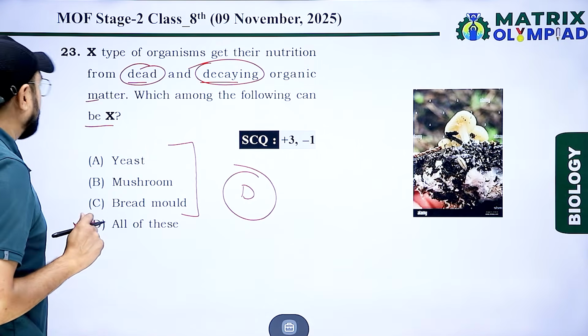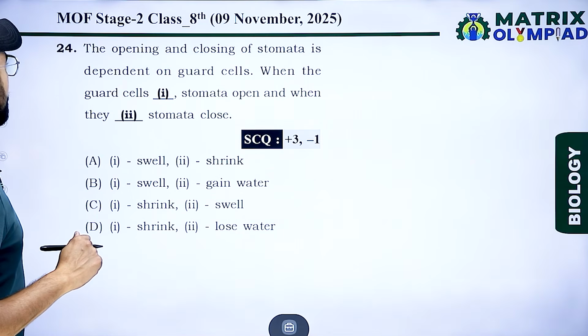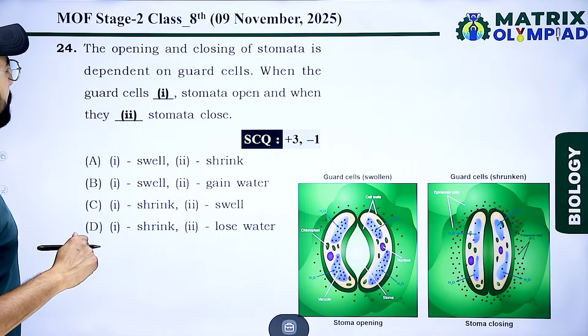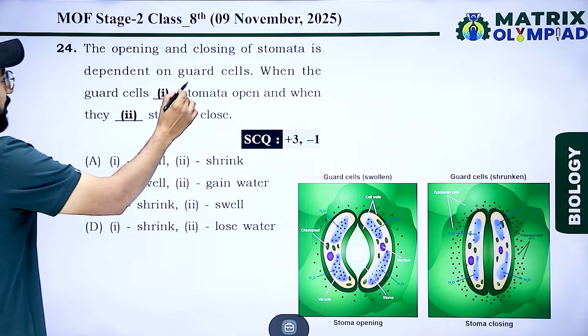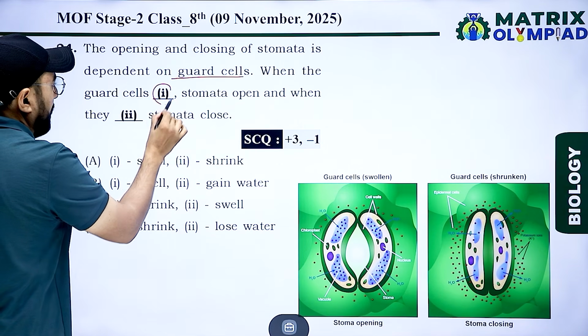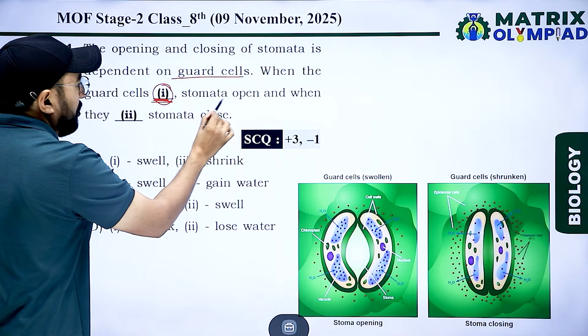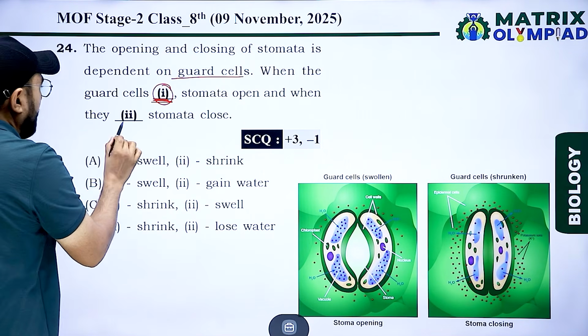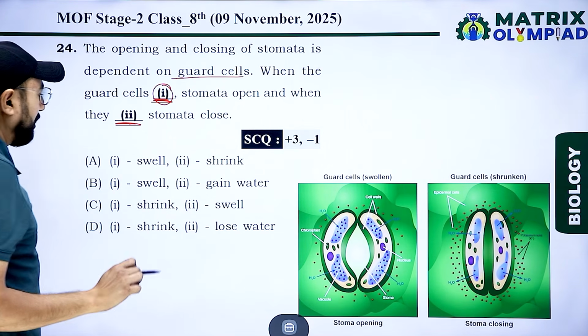Option D is right. Next, the opening and closing of stomata is dependent on guard cells. When the guard cells are dash, stomata open, and when they are dash, stomata close.